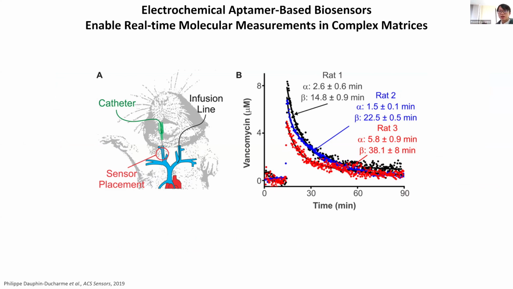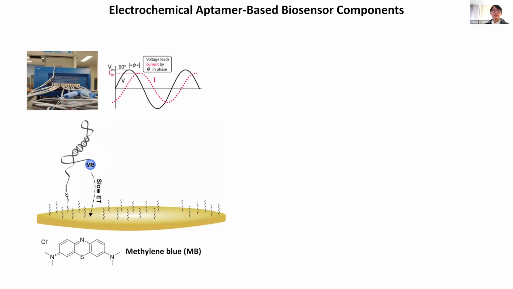You can see on this figure the pharmacokinetic tracking of the antibiotic vancomycin. We can use the sensor to measure drug concentrations in real time, and that provides a response extremely fast.